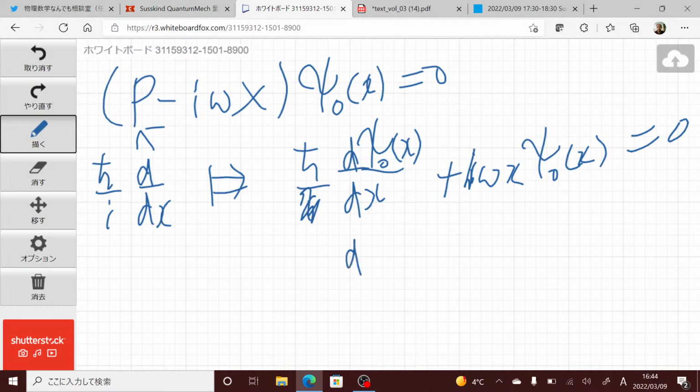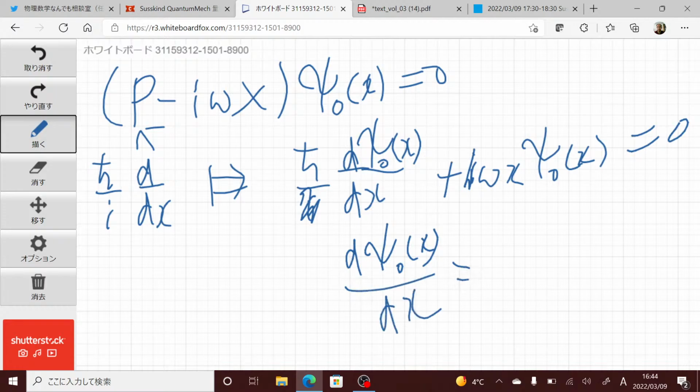Then d psi 0 dx equals minus, sorry, this is h bar, minus omega x psi 0 of x divided by h bar.